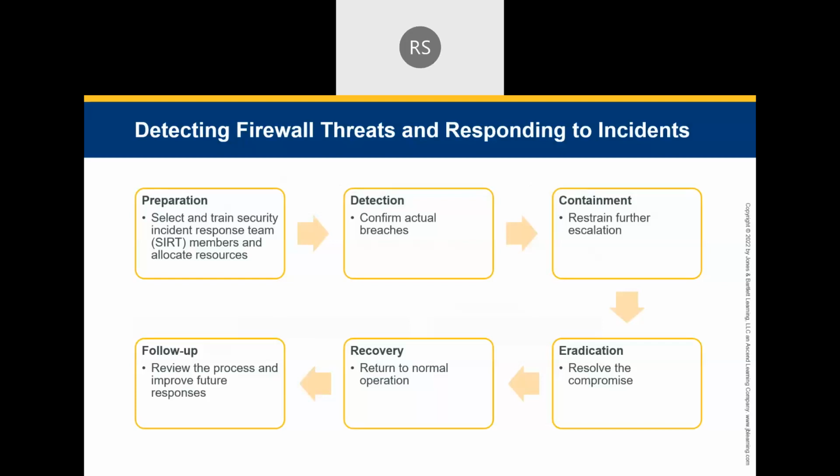Then you want to go into the containment area where you restrain further escalation of the incident by isolating affected systems or segments of the network to prevent the spread of the malware or unauthorized access. You want to resolve the compromise by removing malicious components, restoring affected systems from backups, and implementing corrective measures to eliminate the vulnerabilities.